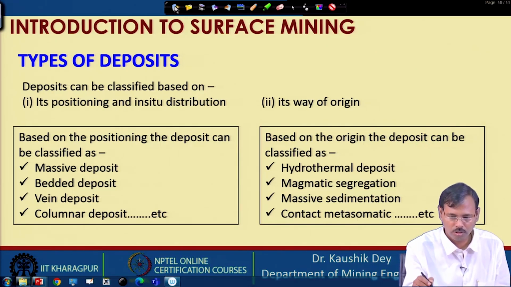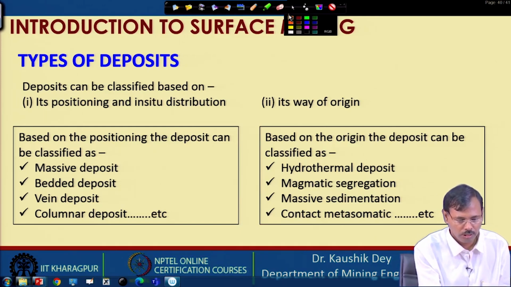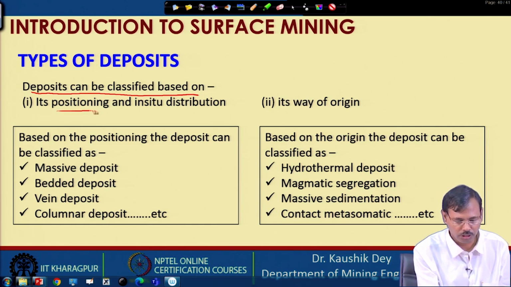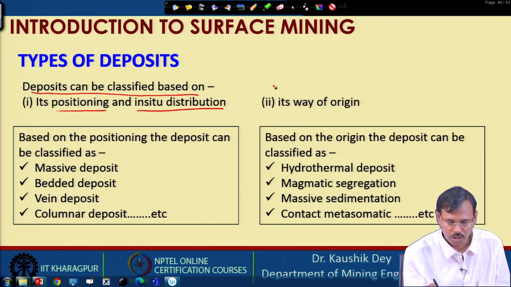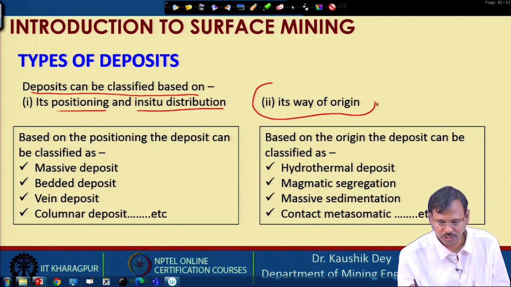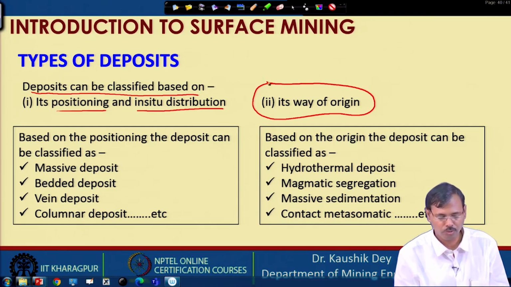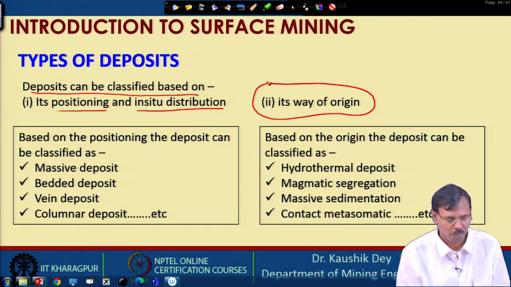So, deposit can be classified based on its positioning and in situ distribution, or it may be classified by its way of origin.